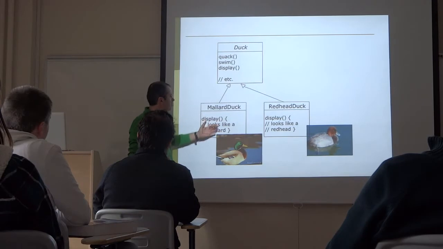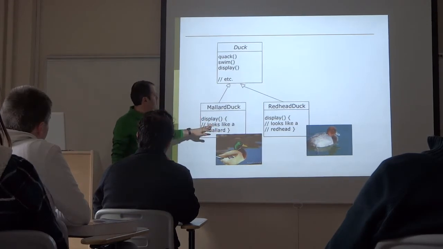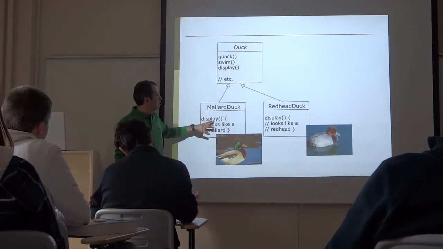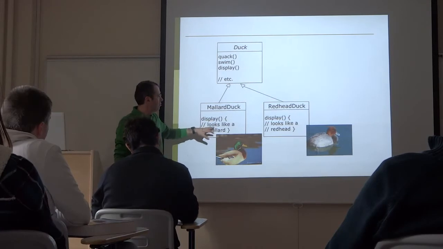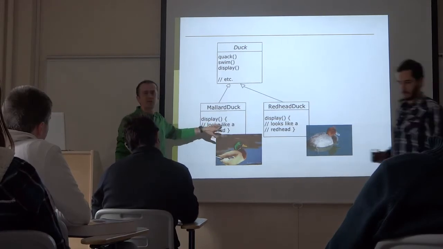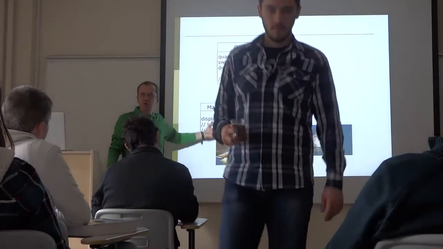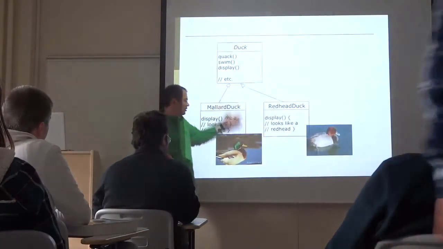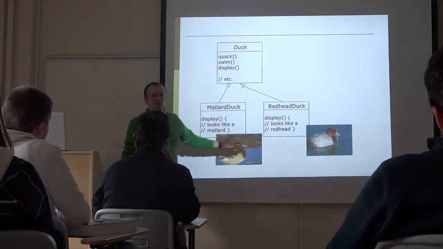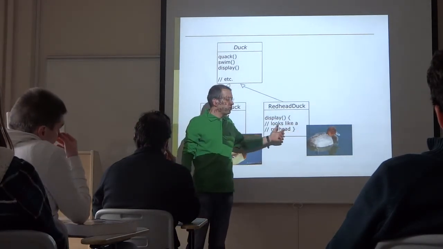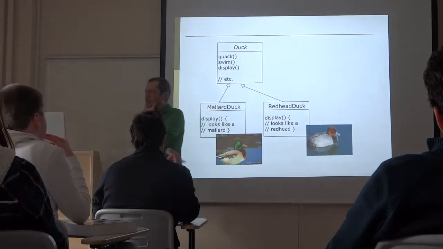So what I am implementing here, for example, display: this one looks like a mallard duck. I put in the code that makes this duck look like a mallard duck. And this one looks like a red-headed duck. So this is the idea that we have, right?